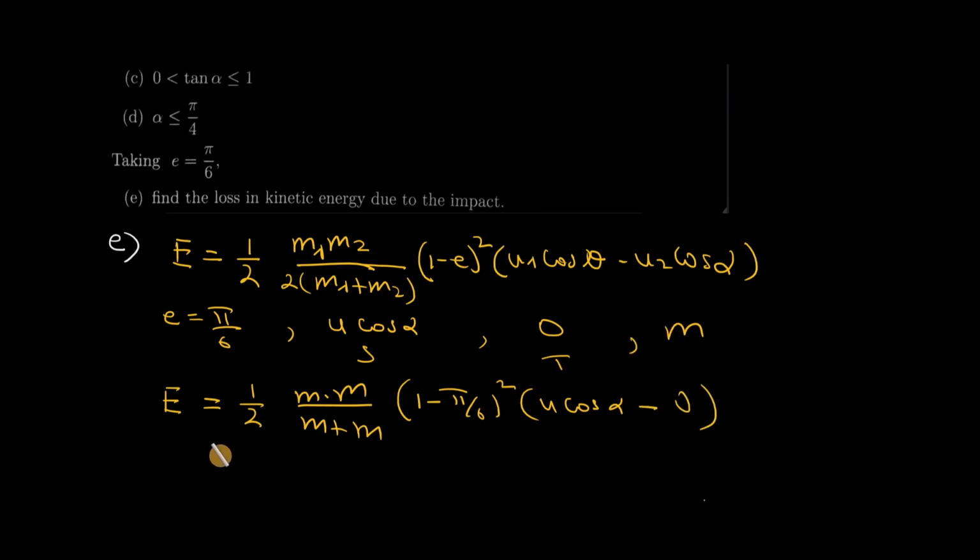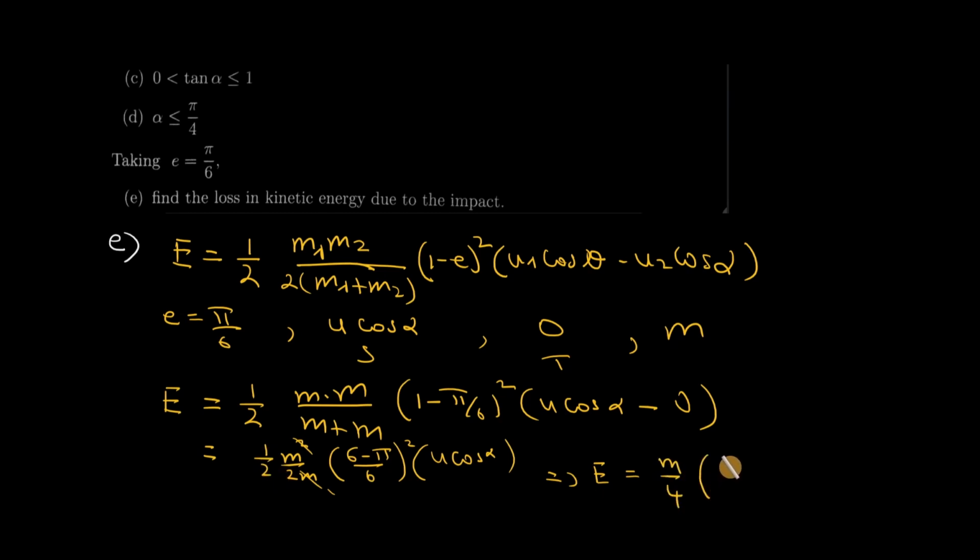That means E equals half m squared over 2m, into 6 minus pi over 6 squared, into u cos alpha minus 0, which is the same as u cos alpha. M here 1, m cancels here m. That means E equals 2 times 2 is 4, m over 4, into 6 minus pi over 6 all squared, u cos alpha.